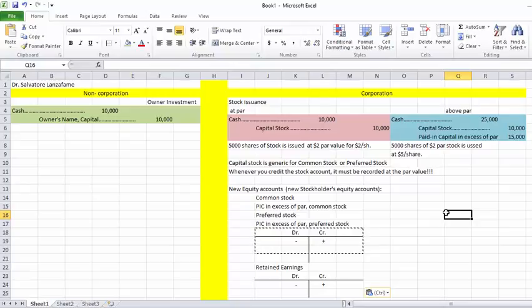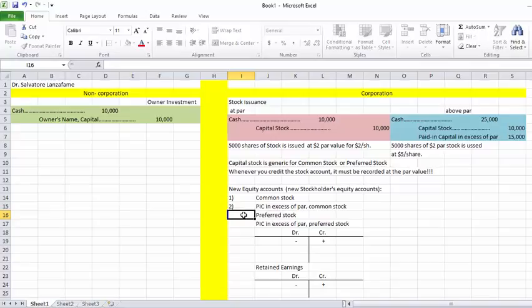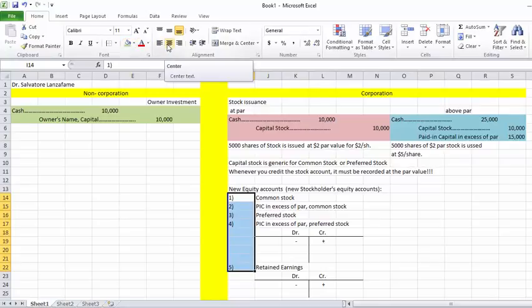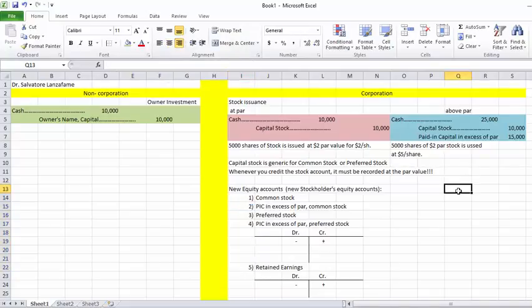So what capital used to do, we now basically have these 5 accounts in its place. Okay, so let's just make sure we see that. Number 1, number 2, number 3, number 4, and number 5. So 5 new accounts, instead of what we used to use, which was good old capital.